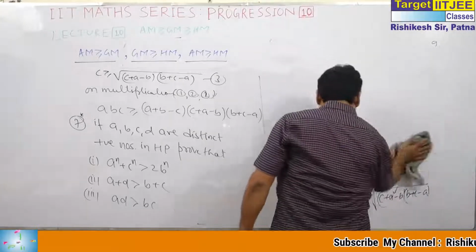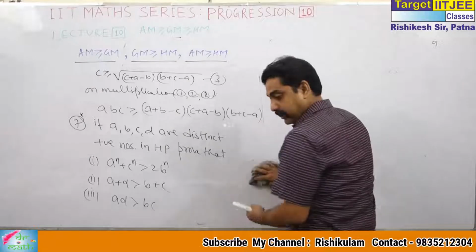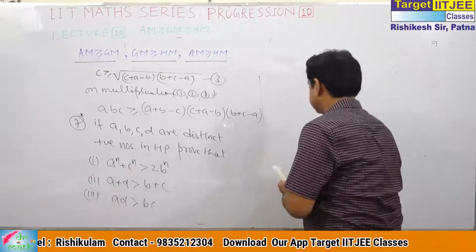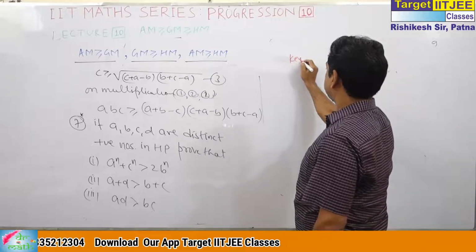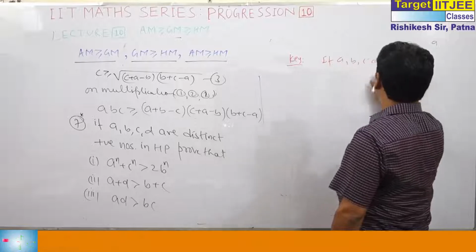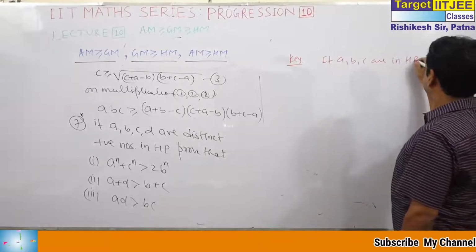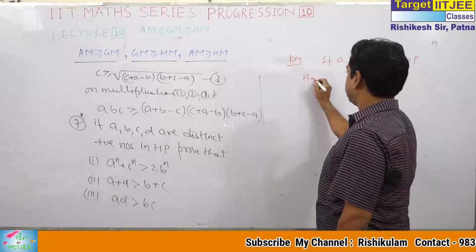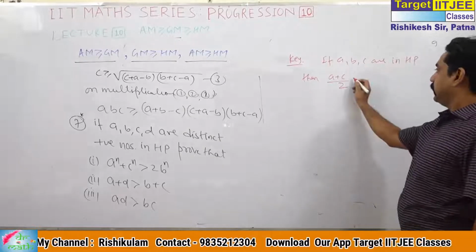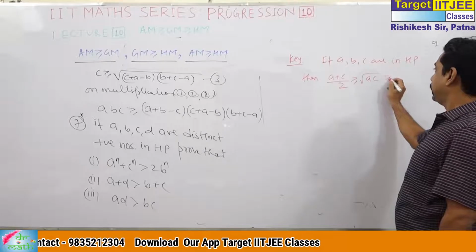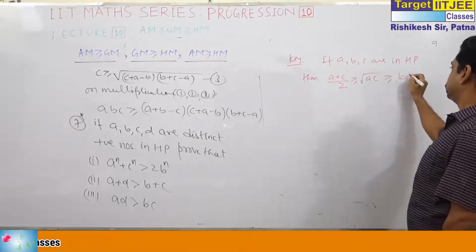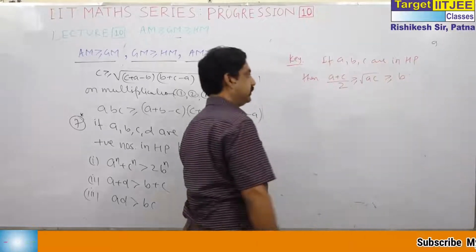Actually, in this question, there is a key point. If A, B, C are in HP, then (A plus C)/2 is greater than or equal to root AC, which is greater than or equal to B. This is the key point.